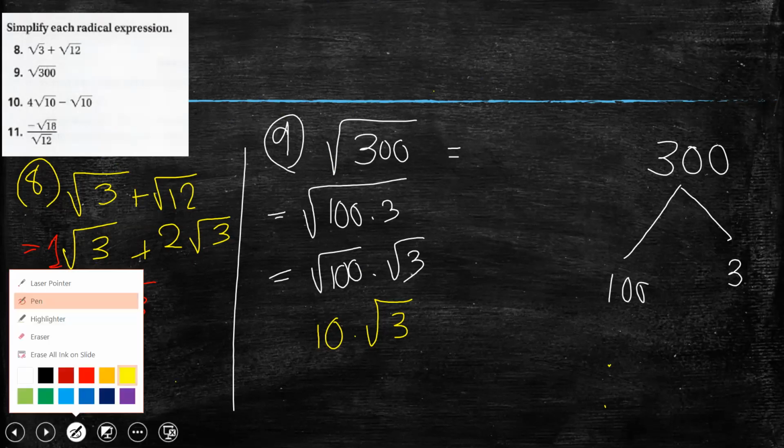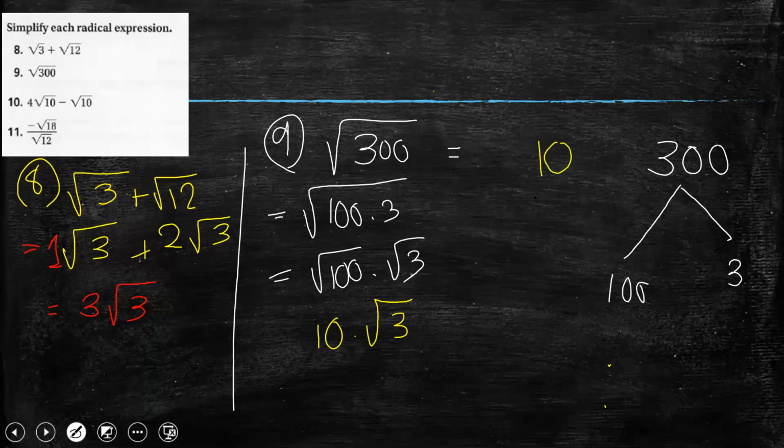As I told you, remember, if the number under the square root is a prime number, or if it is a compound number but its two factors are prime, you will not simplify it. Like number 10, as an example. As we said before, 10 is 5 times 2.